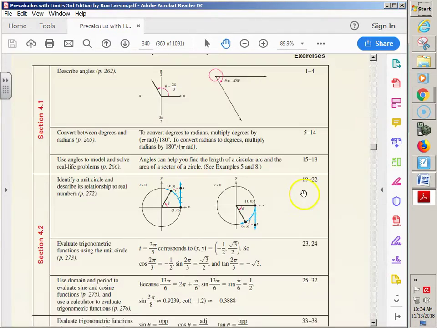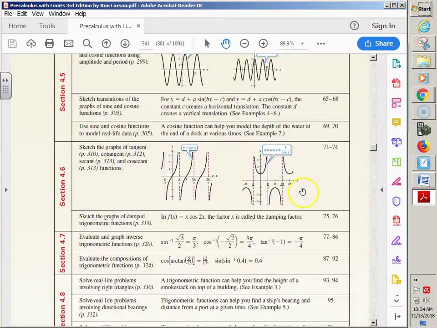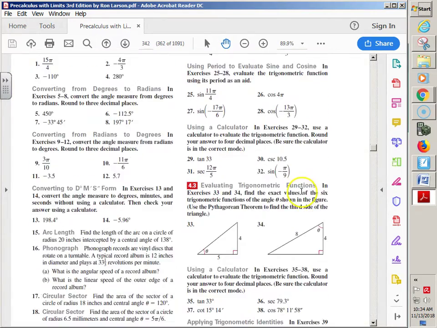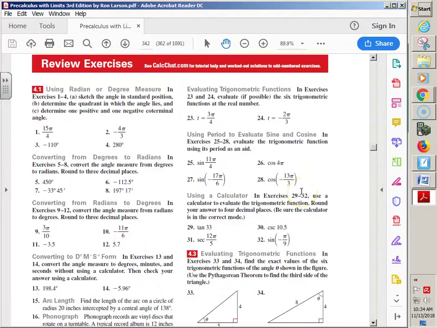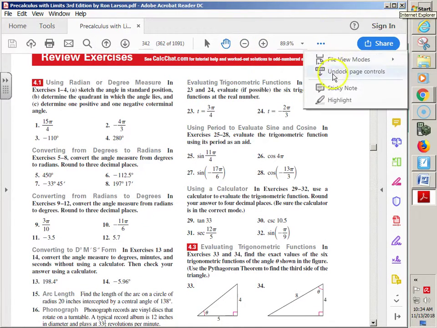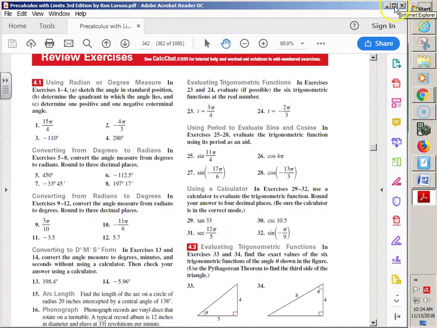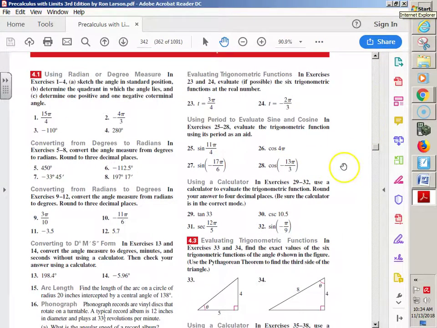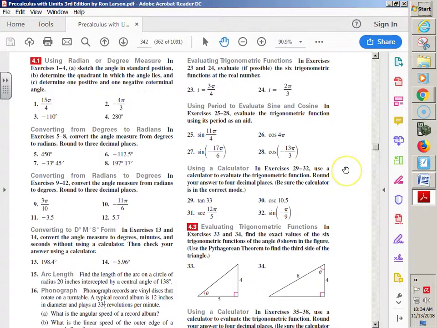That's not how everyone studies, so maybe figure out a way for you, right? Study the unit circle, and what else? Work on the review as much as possible so you can ask me questions where you get stuck.